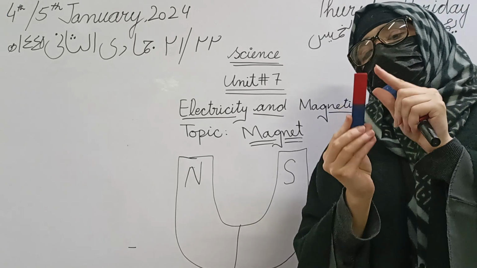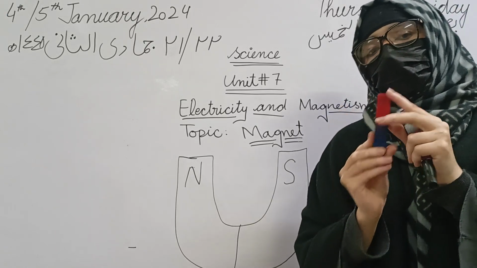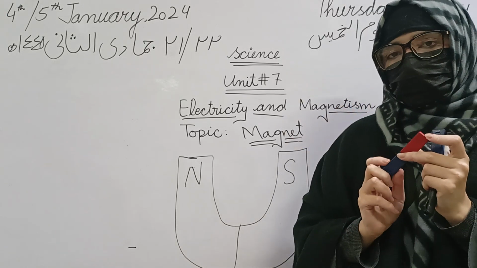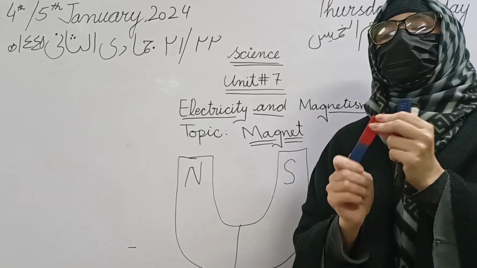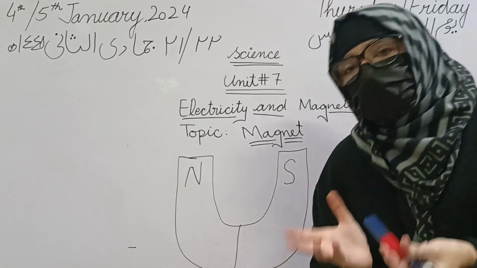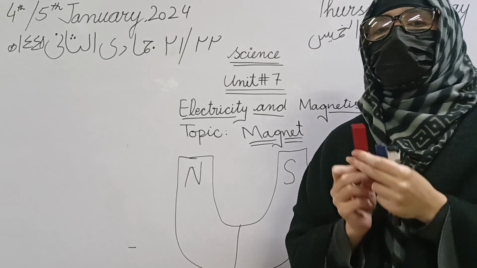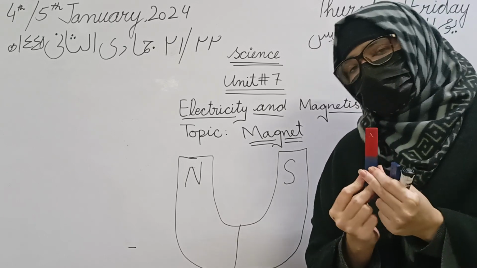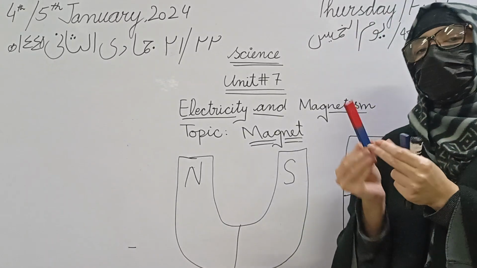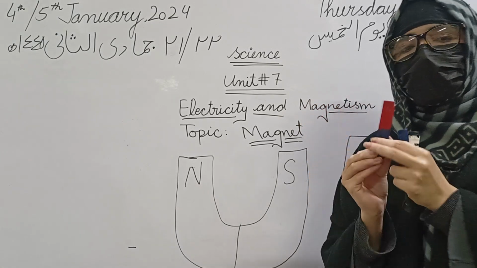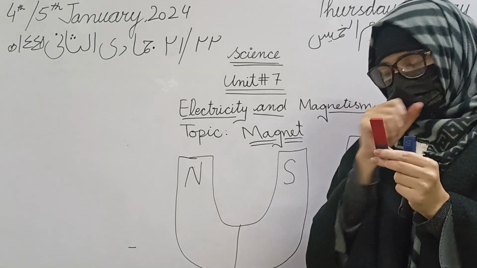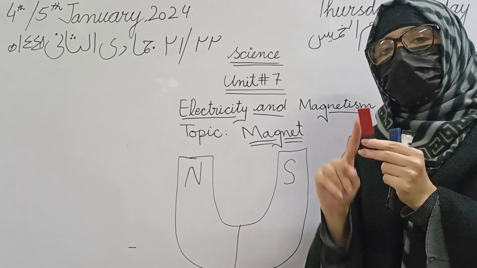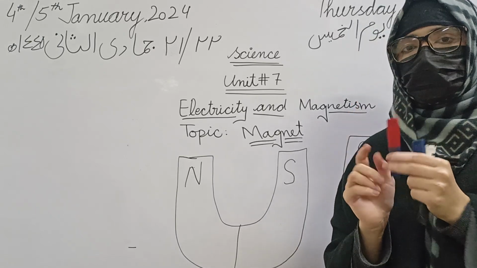Then what type of force do magnets have? किस तरह की force होती है इनमें? They have a force of attraction. We call it the force of attraction, right? That's why they are different from the metals.